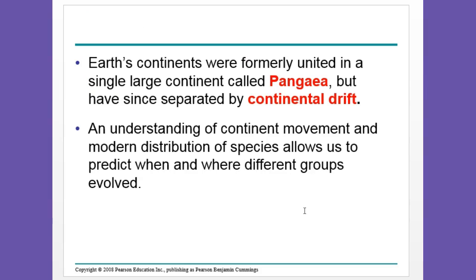Earth's continents were formerly united in a large single continent called Pangaea, the supercontinent, but have since separated by continental drift. An understanding of continent movement and modern distribution of species allows us to predict when and where different groups have evolved.